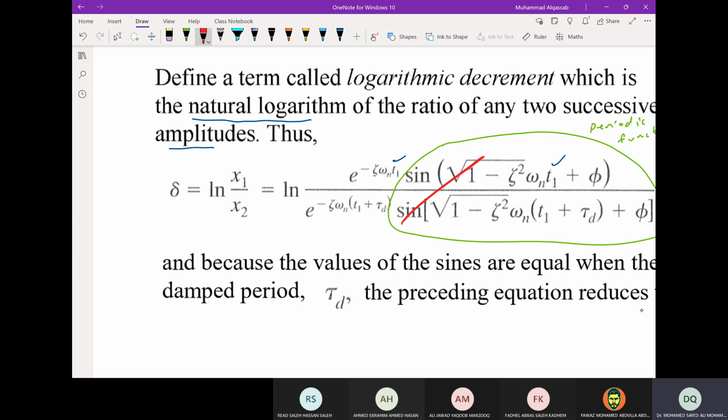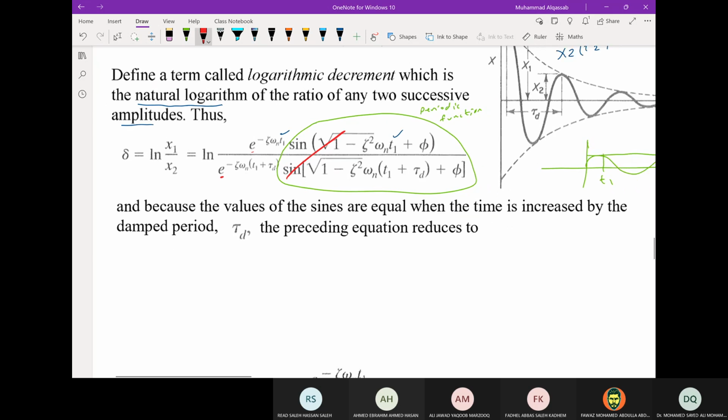So e to the power minus zeta omega n t1 divided by e to the power minus zeta omega n (t1 plus tau d), we can take this to the numerator. They have the same base, which is e, but different exponents.